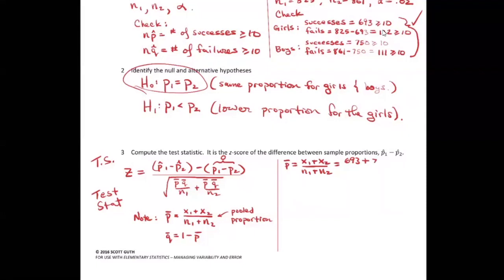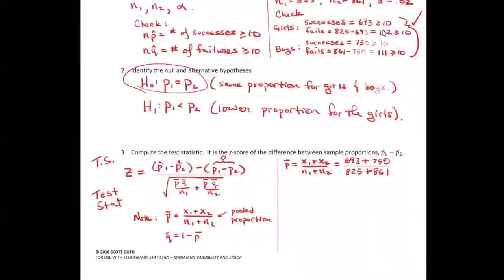And then when we divide by the two sample sizes, again, we're pooling them. Total number of girls was 825, and the total number of boys was 861.